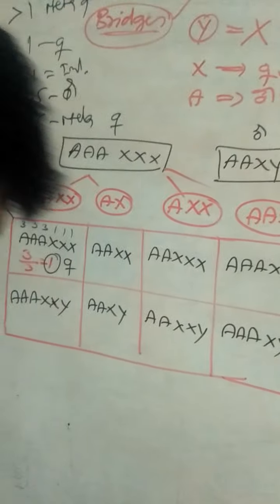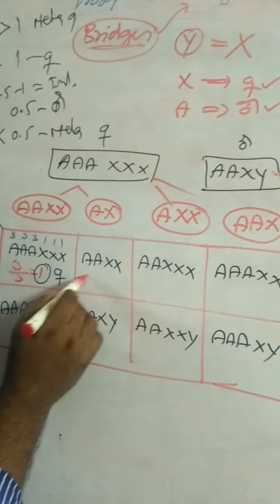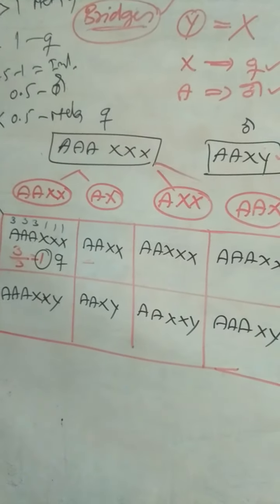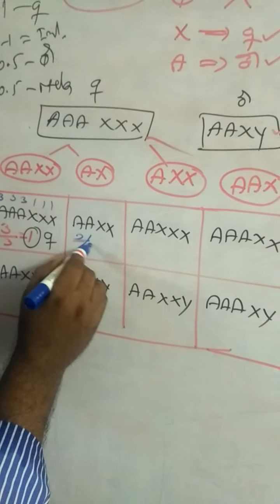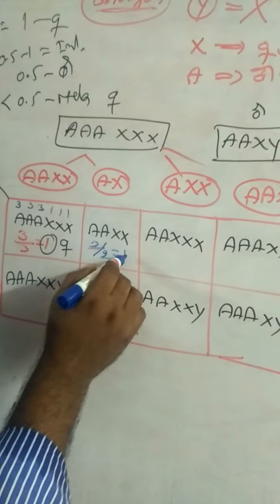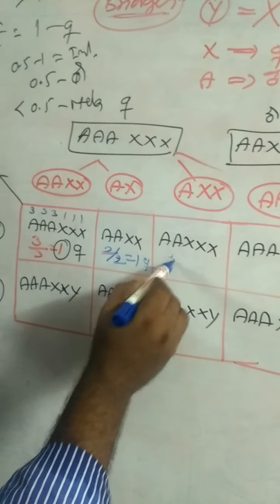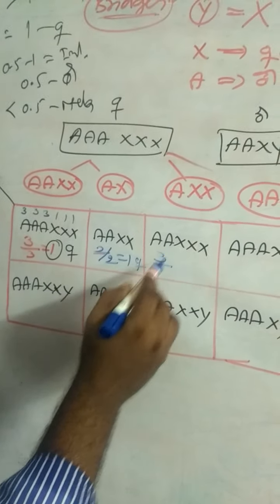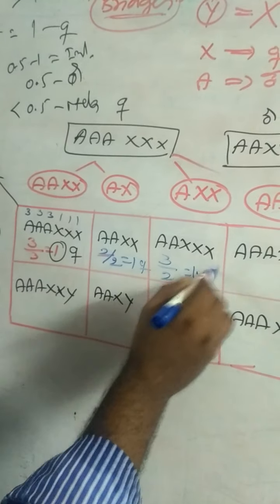And coming to the next combination, number of X chromosomes 2 by 2, that is equal to 1. This one also female. Next, number of X chromosomes 3 by sets of autosomes 2, that is equal to 1.5.